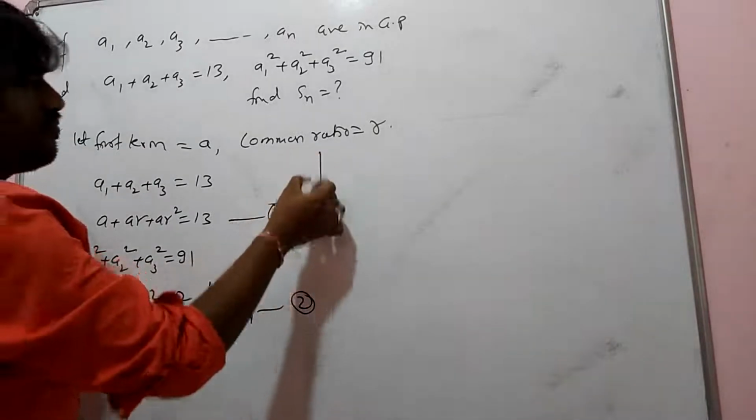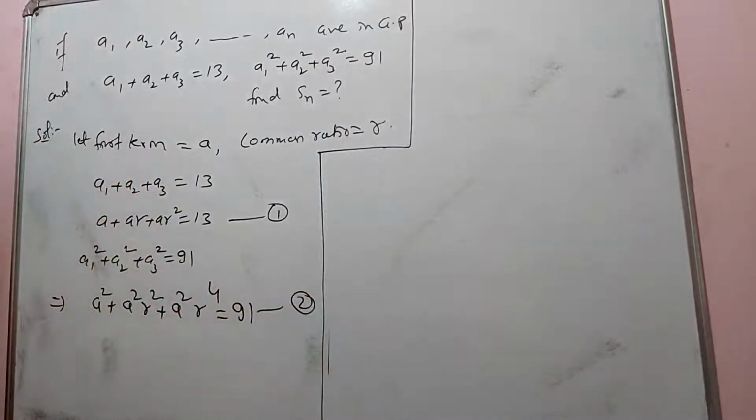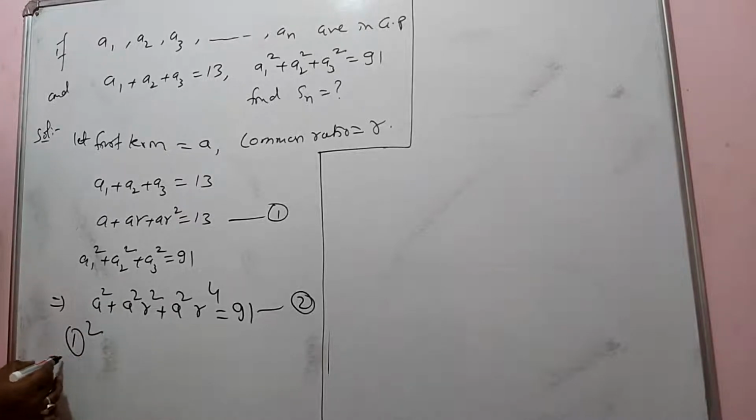Did you understand this, everyone? That's great. Now how to solve this question? You can square the first equation and divide by the second equation, and you are going to get the answer.